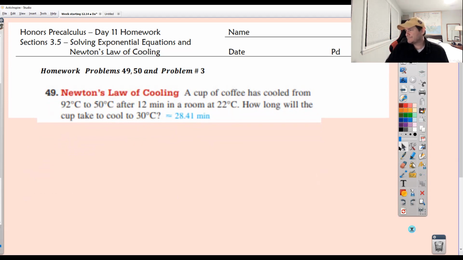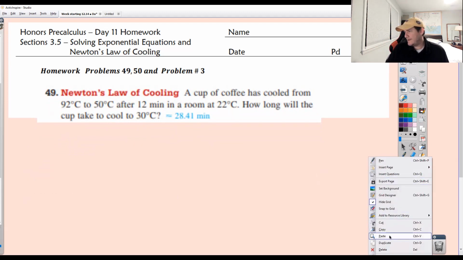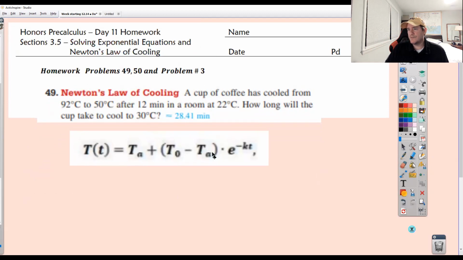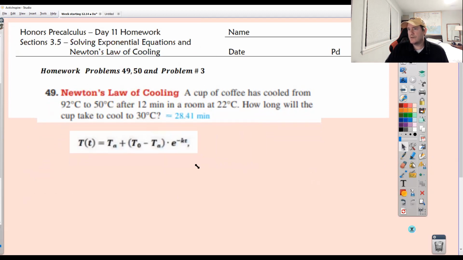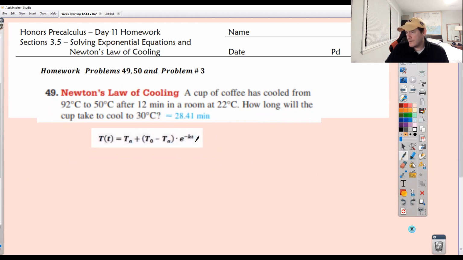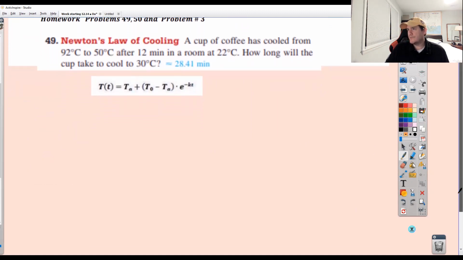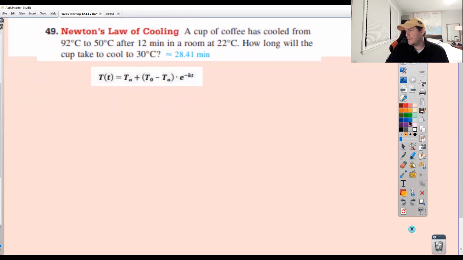Let's do this problem. I will paste our little formula. There it is. And again, I don't mind showing you the formula. Like I told you before, it will be on the quiz, so don't even worry about memorizing it. Here's what you've got to do. You read the problem and you identify all your variables. It says a cup of coffee has cooled from 92 degrees Celsius.